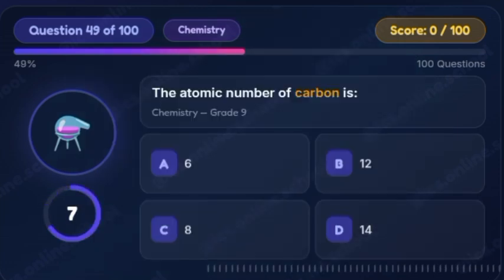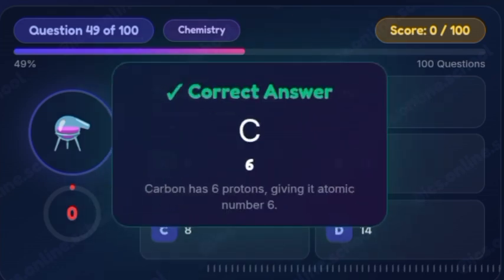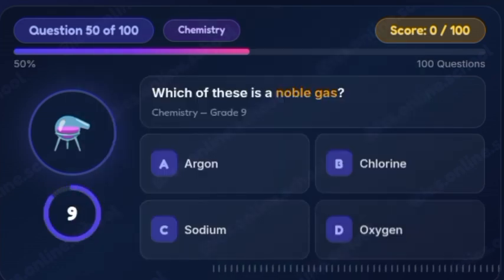What is the atomic number of carbon? Six. Which of these is a noble gas? Argon.